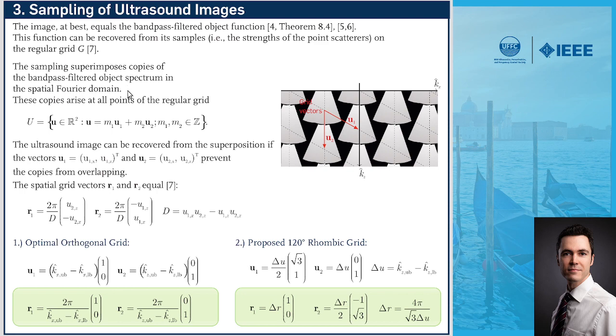The ultrasound image can be recovered from the superposition if the grid vectors U1 and U2 prevent the copies from overlapping. Two grids aside from the usual orthogonal grid, which oversamples the image, prevent overlaps and will be investigated: the optimal orthogonal grid and the proposed 120-degree rhombic grid.